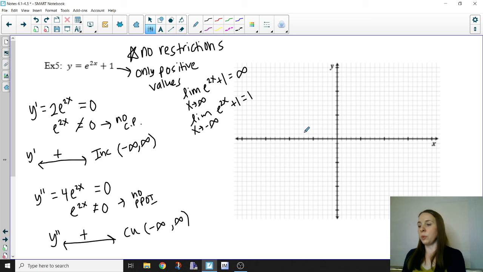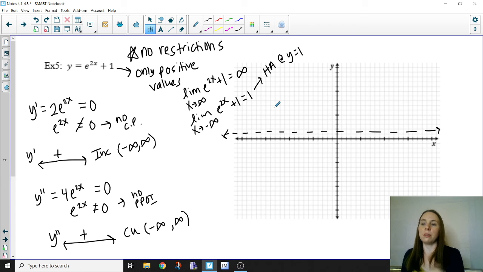And so we can say that what we have here is a horizontal asymptote at y equals 1. It is. It's just not one that you're typically used to seeing with our rational functions. Those are a little bit easier to spot.